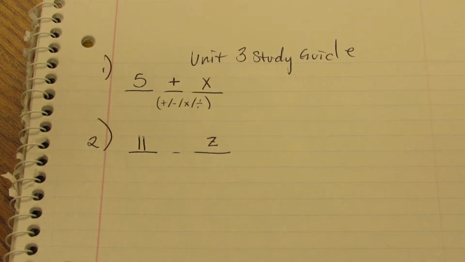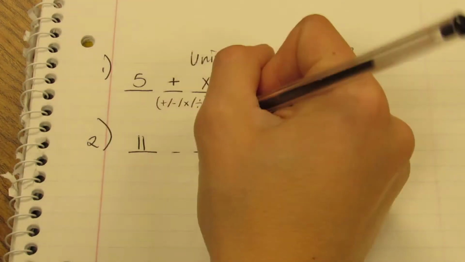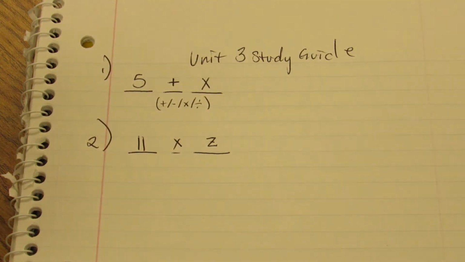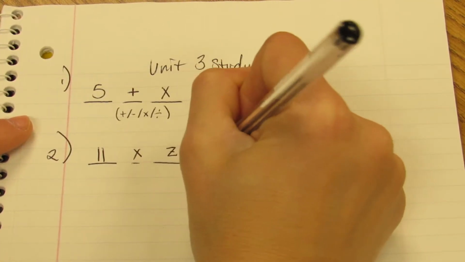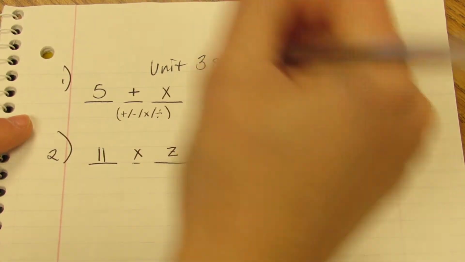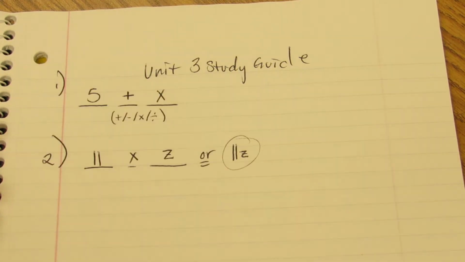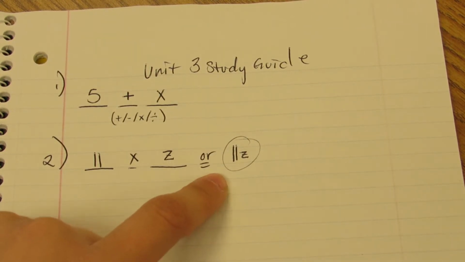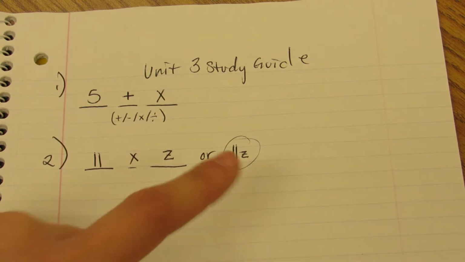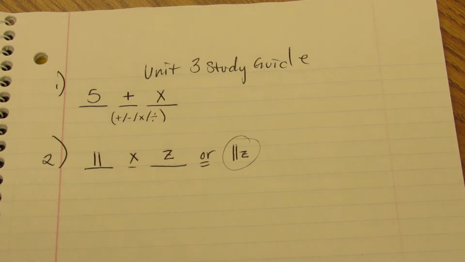Product is the key word that means multiplication, so I can write a multiplication sign. Now we talked about having a number times a letter, and there's another way we can write this: 11z. Be more familiar with this form because that's how you'll see it, right? Because we call that 11 the coefficient. Nice job, okay? So let's move on to number 3.